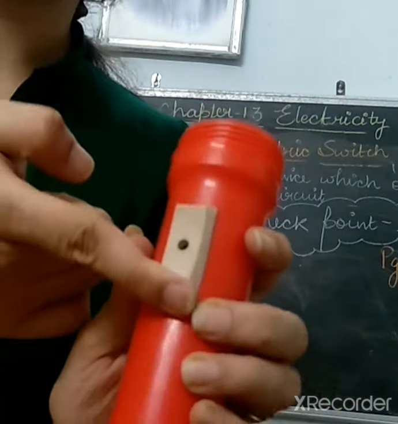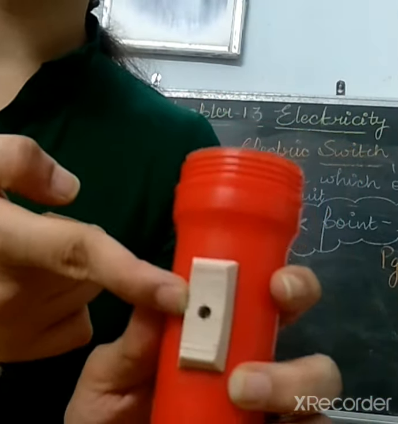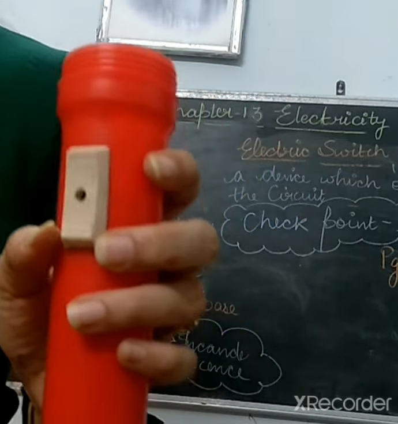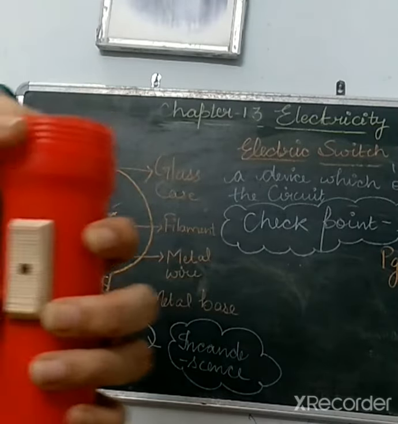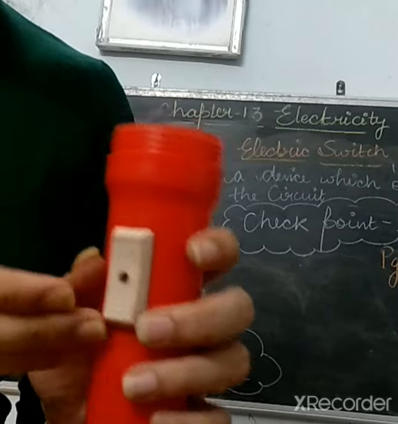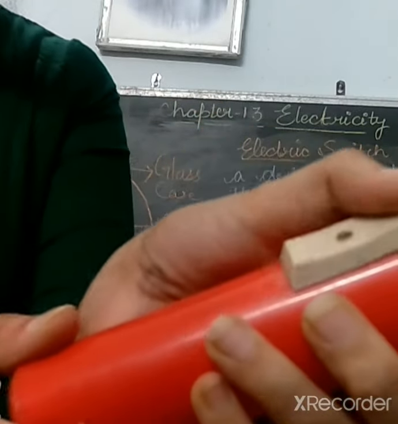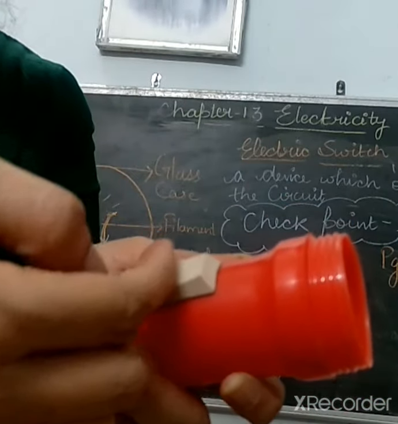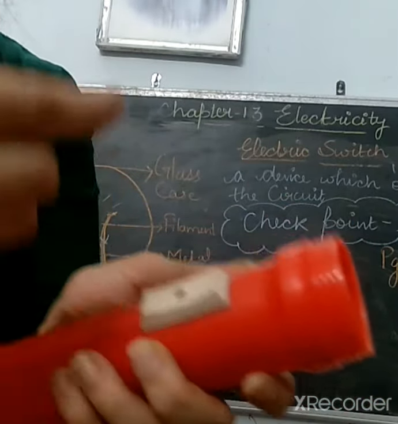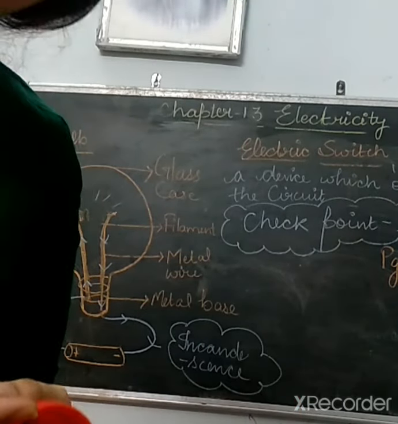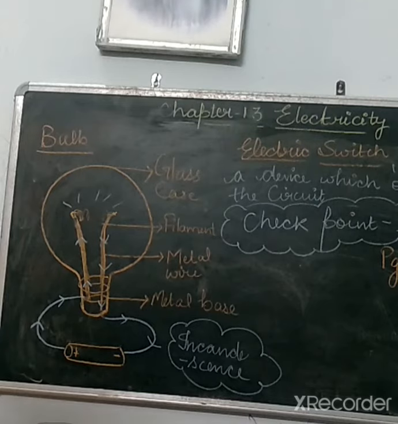Basically, when we switch on, it makes the circuit closed, and because it has a battery in it, it produces the current, and because of the current, the bulb starts glowing. But when we switch off, this switch makes the circuit open and the bulb will not emit light, right? I hope you have understood.